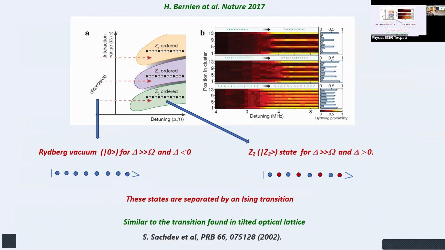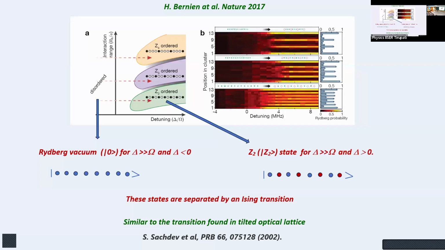So they start from a Rydberg vacuum state where delta is large and negative, and there you do not create any Rydberg excitation. All the atoms sit in their ground state. Then you tune into the positive delta regime, and suppose you tune your V naught in such a way that you block Rydberg excitation between two neighboring sites.